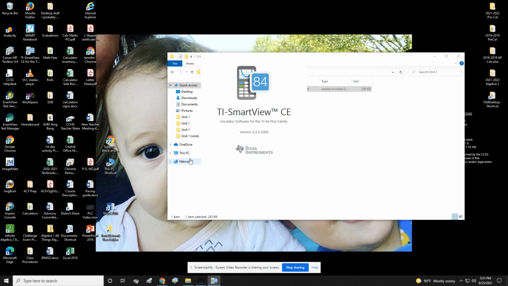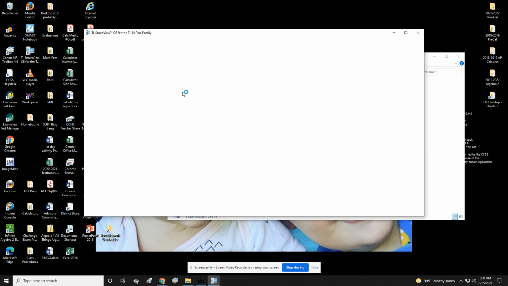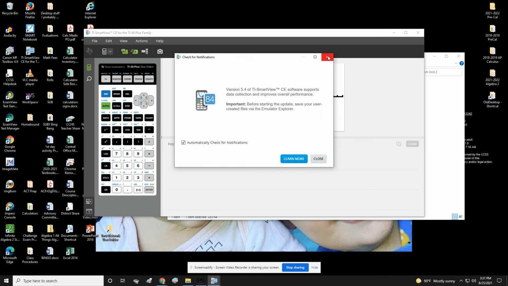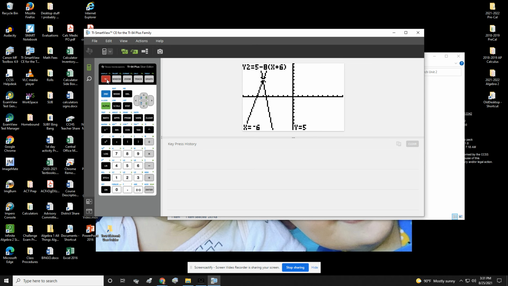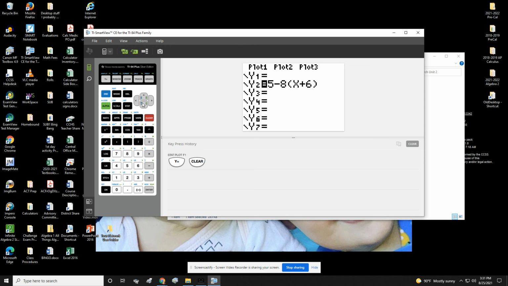Okay, so I'm going to pull up the calculator and show you guys how to type this in. So I'm just going to clear out anything that's in here. All right, so in y equals, I am going to type the function in just like it looks.